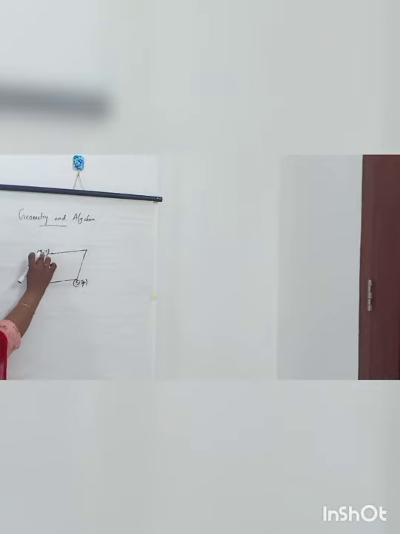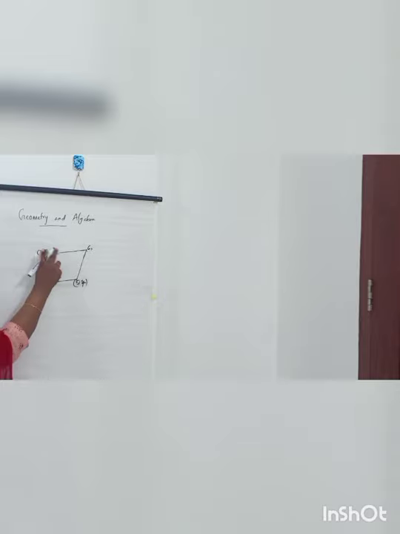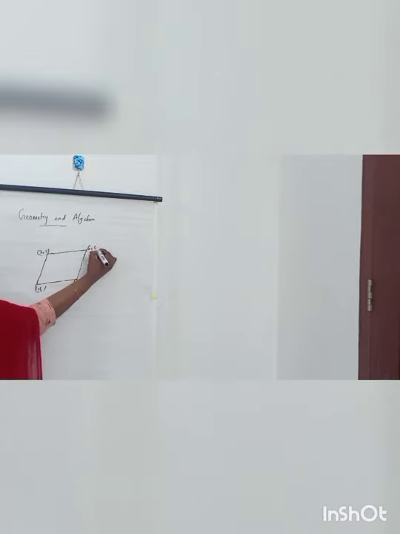Similarly, you can add 4 to this 2. So 2 plus 4 is 6. And for the y coordinate, 3 plus 1 is 4, which means here you have to add 1 to this 5. So 5 plus 1 is 6. So (6, 6) is the fourth vertex of this parallelogram.